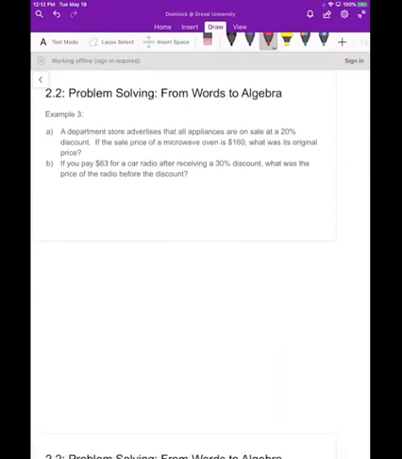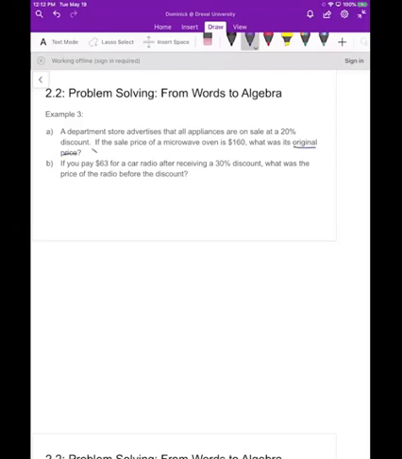Now, in this example, we're told that a department store advertises that all appliances are on sale at a 20% discount. If the sale price of a microwave oven is $160, we want to know what the original price is.